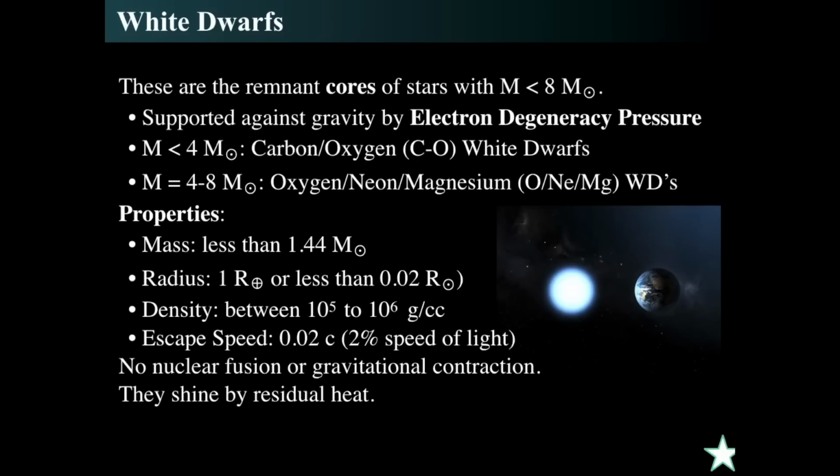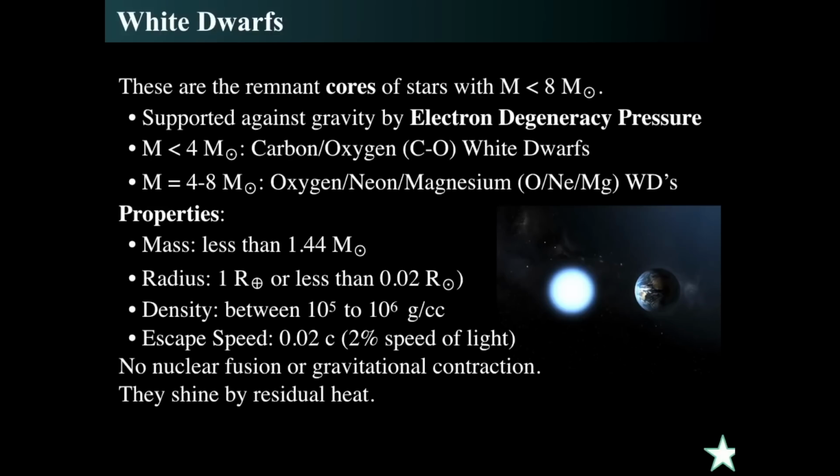And below about 4 solar masses, the principal components of a white dwarf are carbon and oxygen nuclei, and very little helium and hydrogen nuclei on the surface that compose a very, very tiny atmosphere above that. But between 4 and 8 solar masses, they're primarily oxygen, neon, and magnesium white dwarfs. And all of these things are less than 1.44 solar masses.